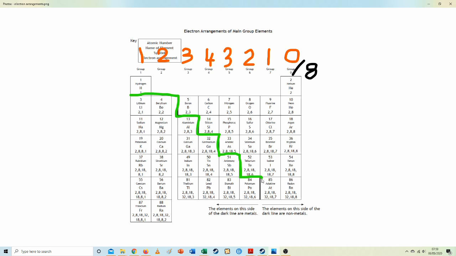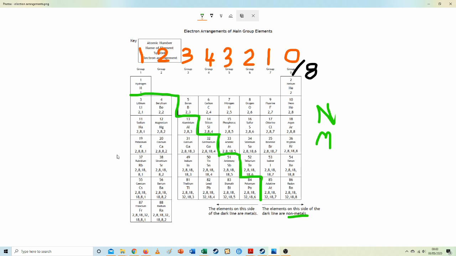So this is our little staircase. All of these ones here, all of this bit here, I'll just underline this, non-metals. So this is all our non-metals here.